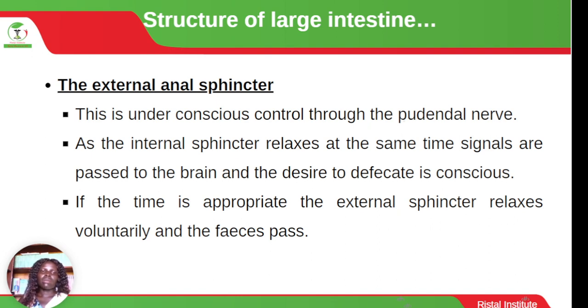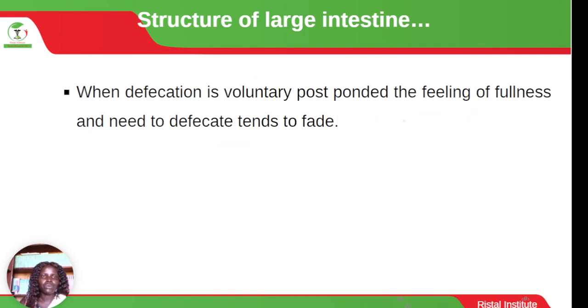So if the time is appropriate, the external sphincter relaxes voluntarily and feces pass. After the internal sphincter relaxes, signals are sent to the brain, and if the person is at the right time, then the external sphincter can now be opened and the person passes the stool.